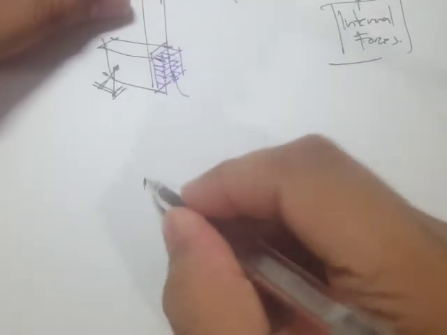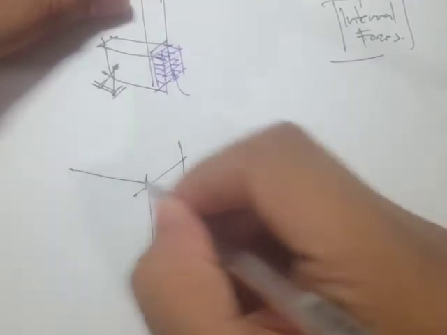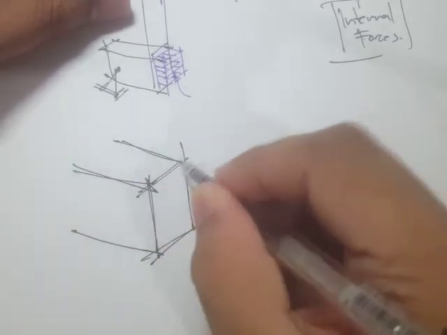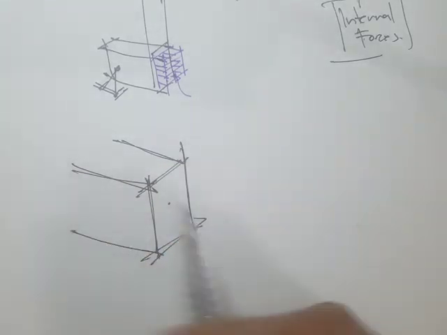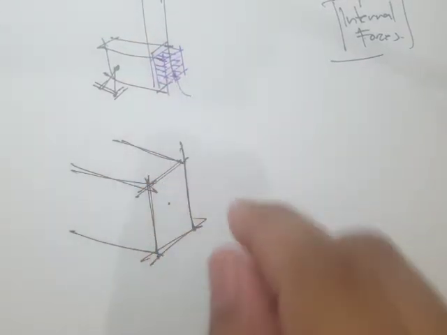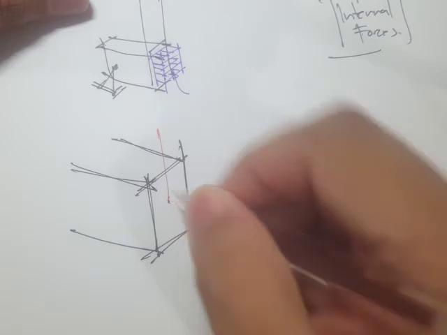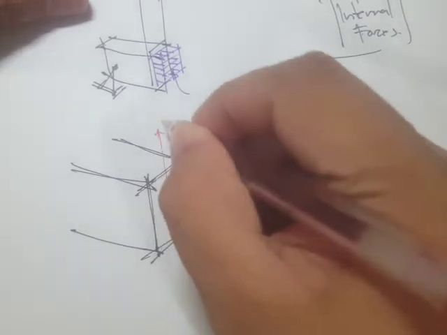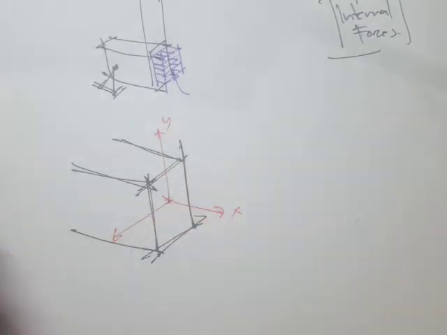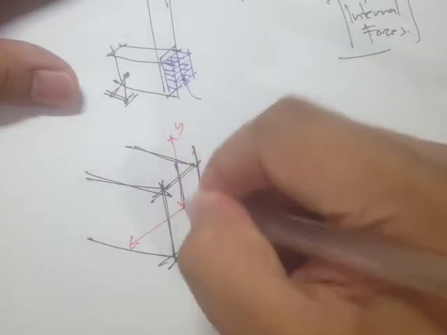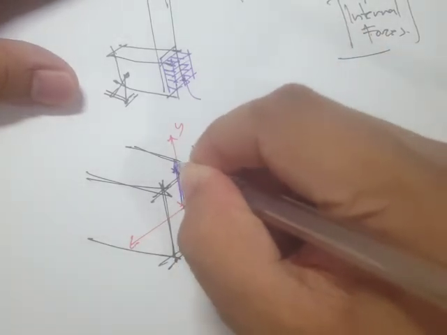By default, when we're dealing with 3D systems or 3D structures, let's say this is our x, this is our y, this is our z. We'll have a force along the y direction.